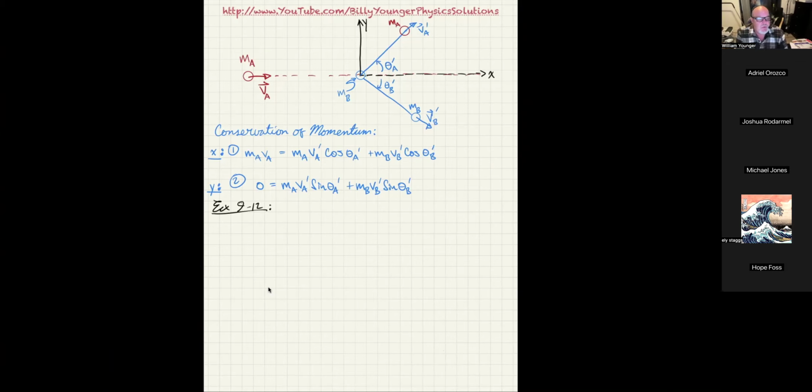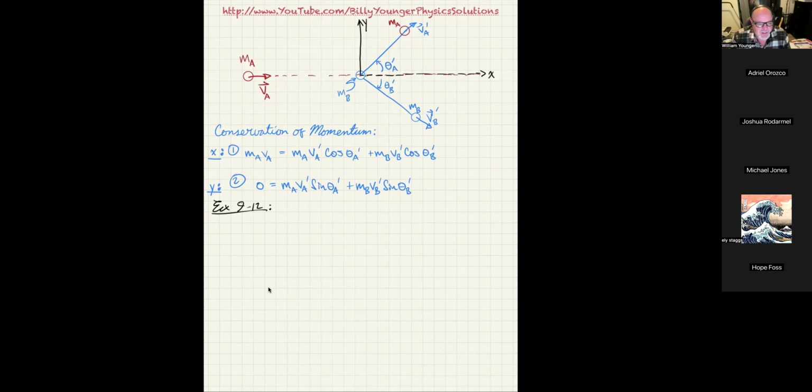Example 9.12, billiard ball collisions in 2D. A billiard ball A moving with a speed VA equals 3 meters per second in the positive x direction strikes an equal mass ball B initially at rest. The two balls are observed to move off at 45 degrees to the x-axis, ball A above the x-axis and ball B below the x-axis.